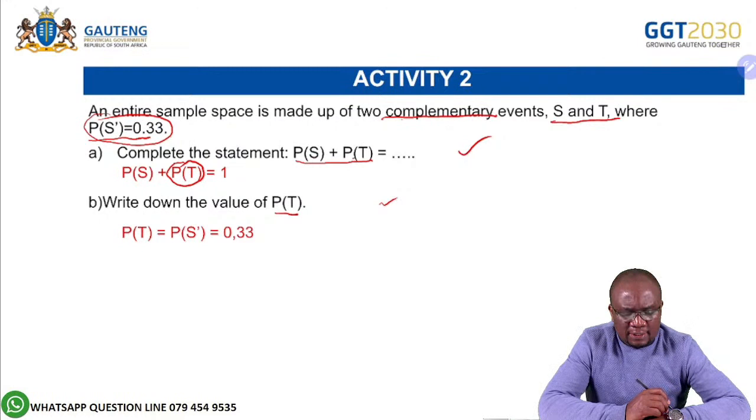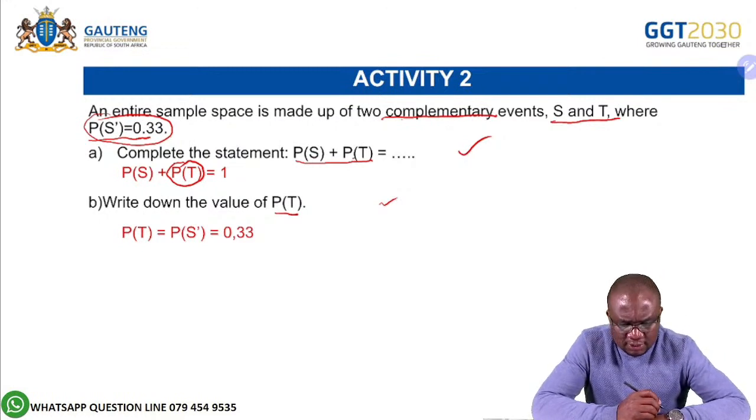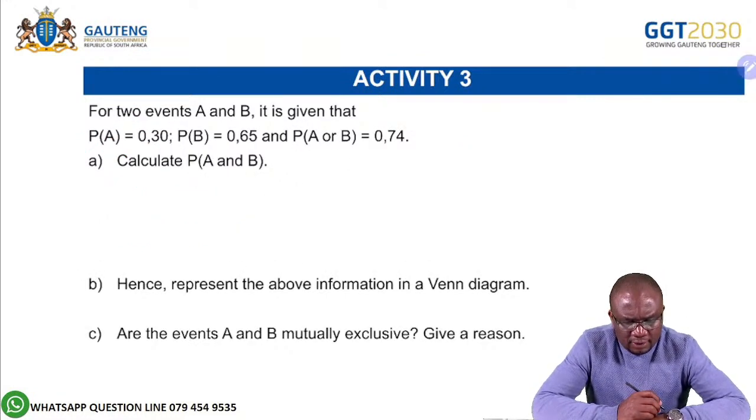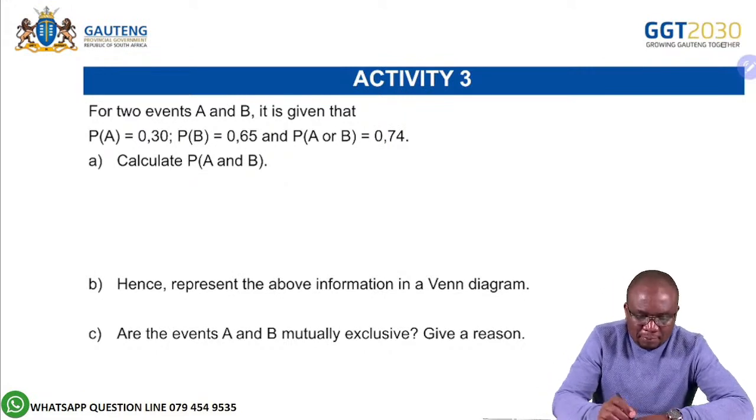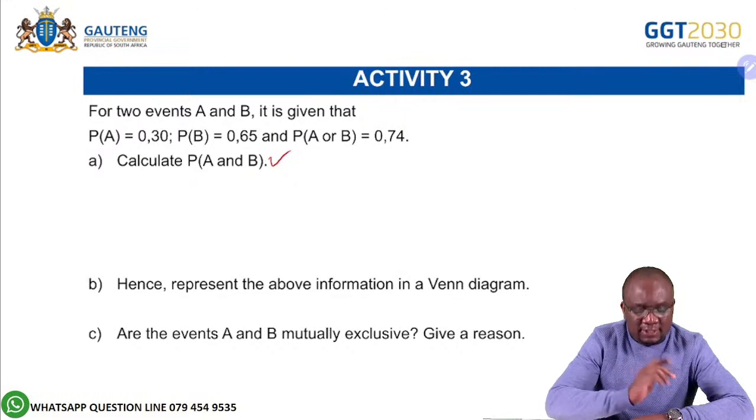Remember that, okay, from our complementary events knowledge. Okay, right. Now let's move on to the next one. For two events, A and B, it is given that probability of A is 0.30, probability of B is equal to 0.65, and probability of A or B is equal to 0.74. Calculate the probability of A and B, that's the first part.